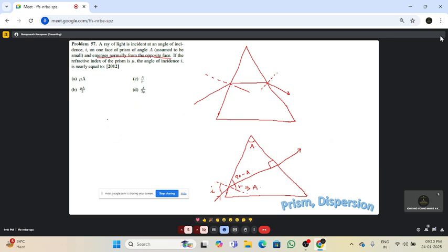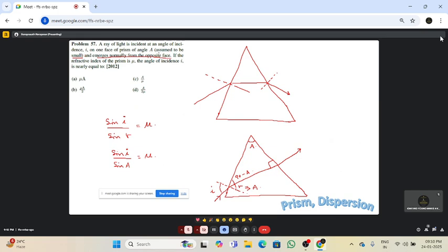So that means I can say that sin I by sin r is equal to mu. They are asking for I. So sin I divided by sin A is equal to mu. They said the angle is assumed to be small here.